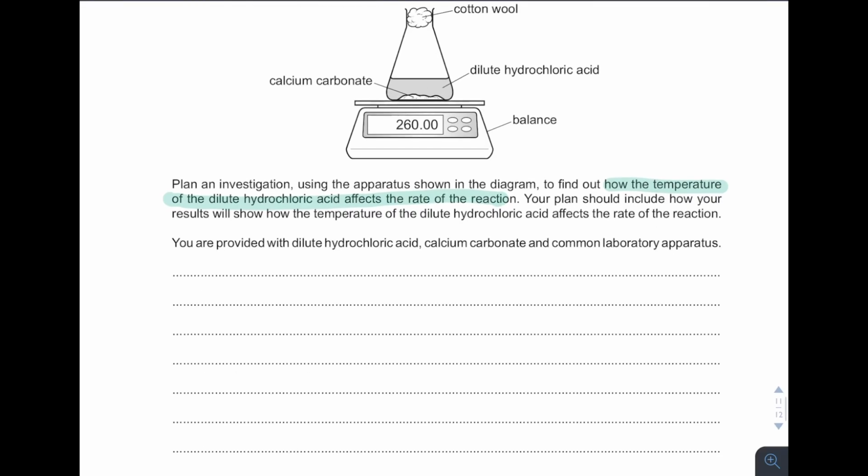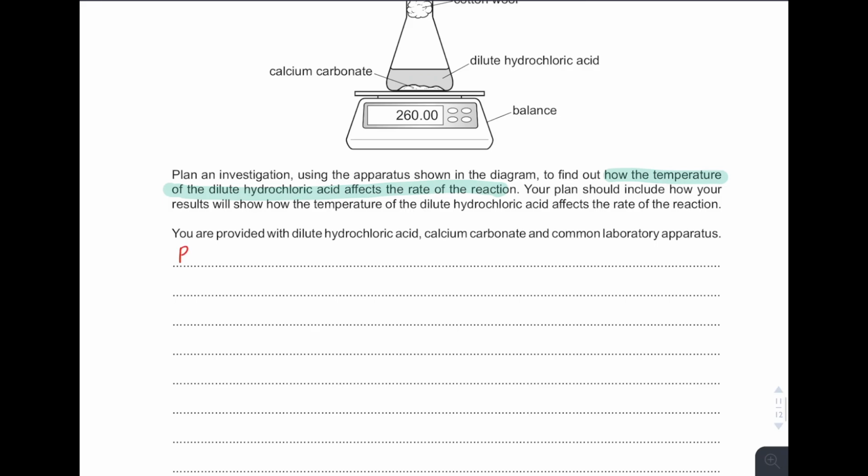So you can say, for example, prepare 50 cm cubed of dilute hydrochloric acid using a pipette. Remember, always name the apparatus used.